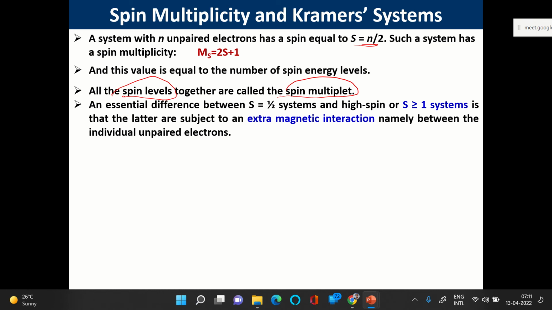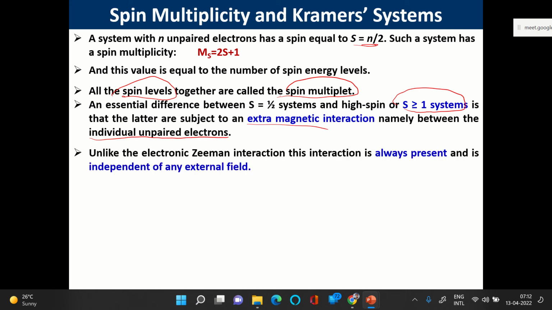And particularly for high spins, systems having s greater than 1, there is an interaction that happens between individual unpaired electrons. An electron with spin will have a magnetic moment. There is another unpaired electron with spin, and as I told you, spin is always there for any electron, whether it is a part of an atom or not.